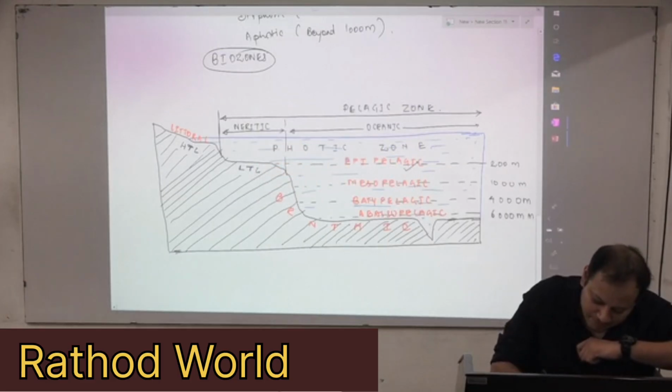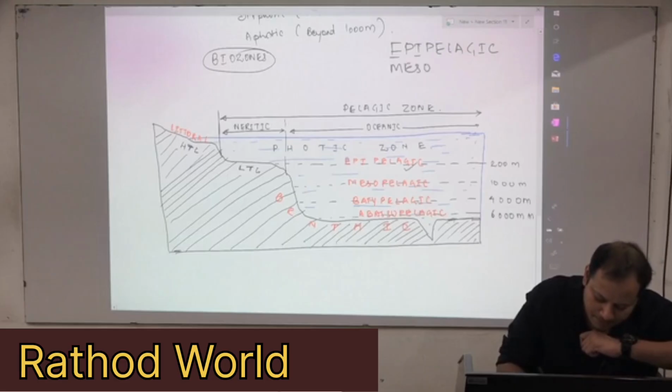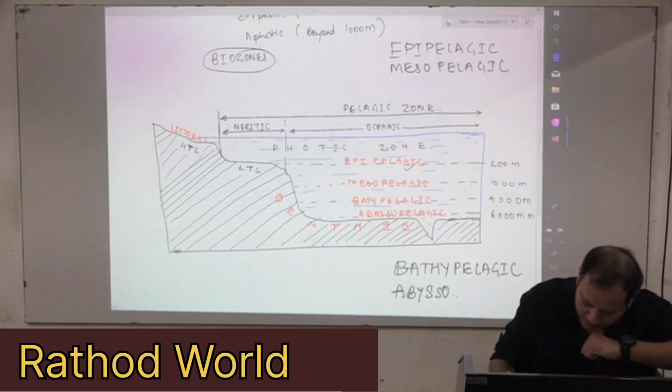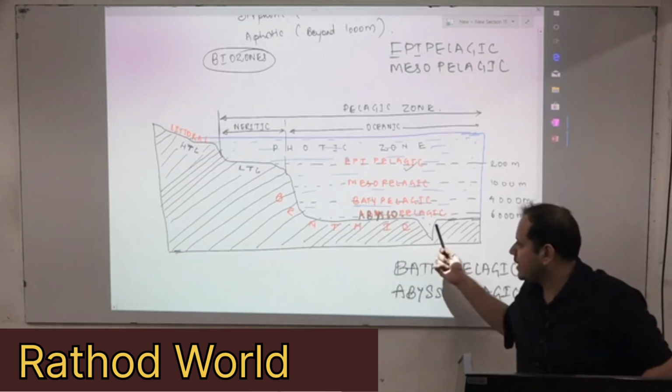This what I have written is epipelagic. उसके नीचे is mesopelagic. उसके नीचे is bathypelagic. उसके नीचे is abyssopelagic. और जो bottom dwelling है उसके भी नीचे, that is benthic.